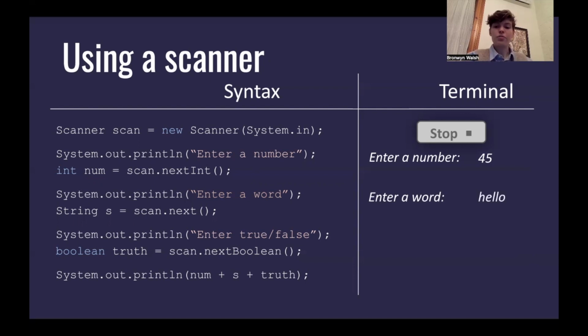The program on the left shows that this string is stored in the string variable s by use of the next method. Then the program outputs enter true or false. In this case, I decided to type in false. The text is scanned as a Boolean because of the method nextBoolean, and it is stored in the Boolean variable truth. Then the program prints all of the variables.